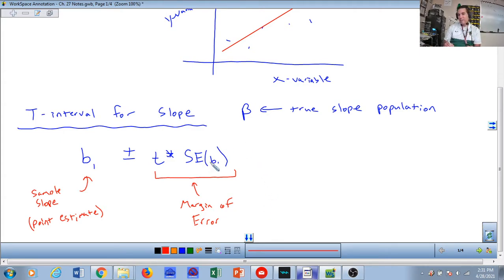So what the heck is the standard error for slope, right? Like, what is that? Okay, there's a formula for it, you guys. I don't think you're ever going to use it, but I'll give it to you. So the formula for the standard error of the slope is the standard deviation of your residuals, which is just S, divided by the standard deviation of your x variables times the square root.